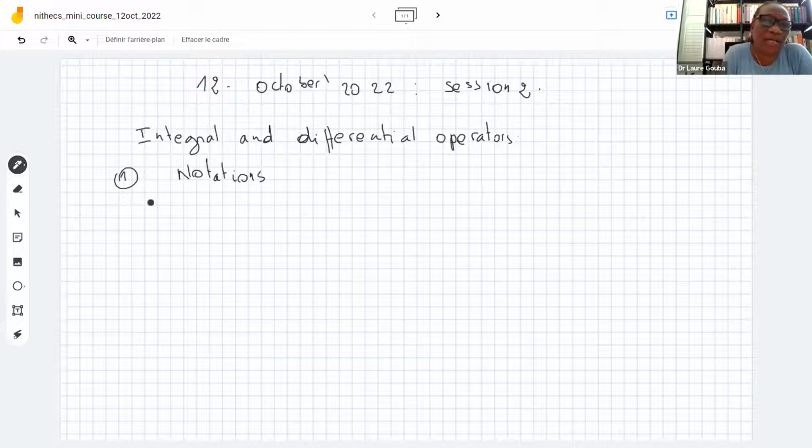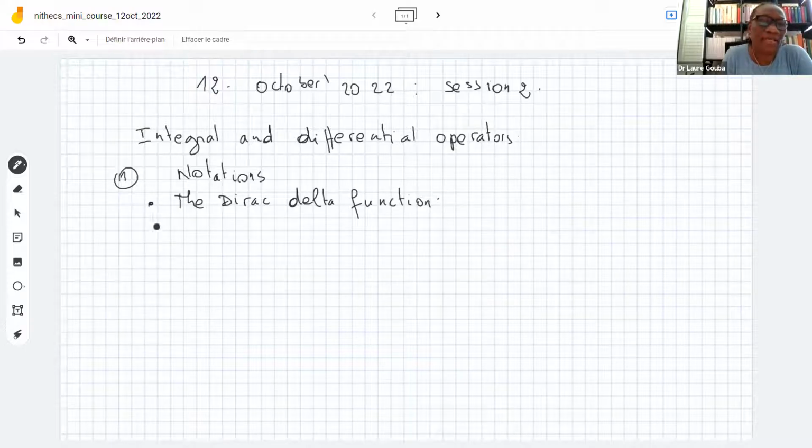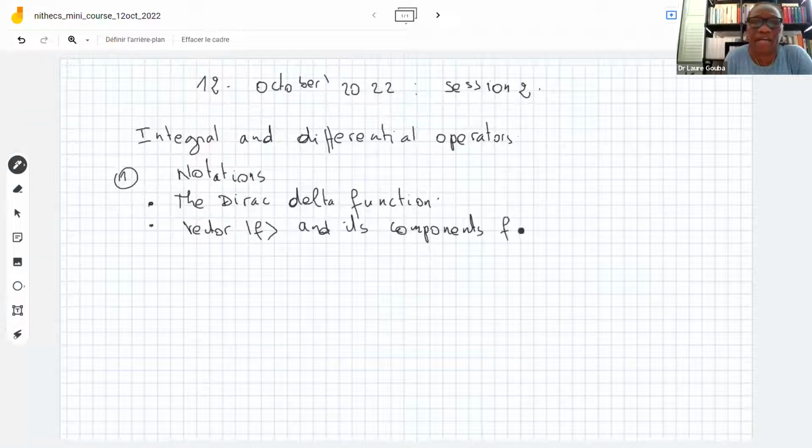Then in the notation, I'll start with the Dirac delta function. Then I want to introduce abstract vector f and its component f of x, where x is a continuous variable on the interval AB.